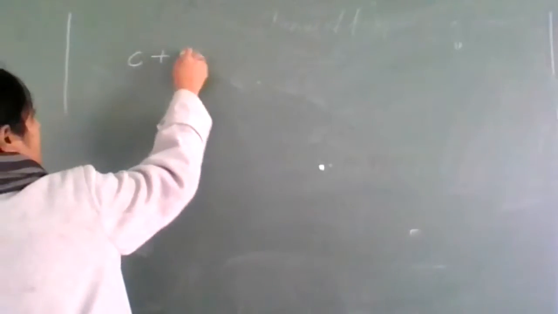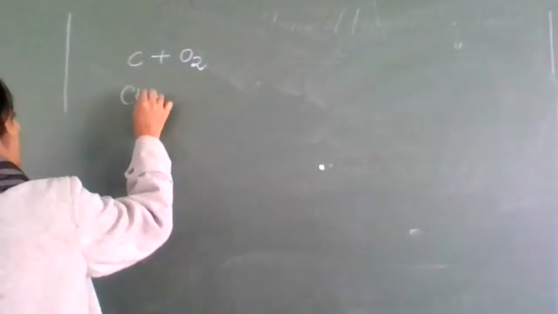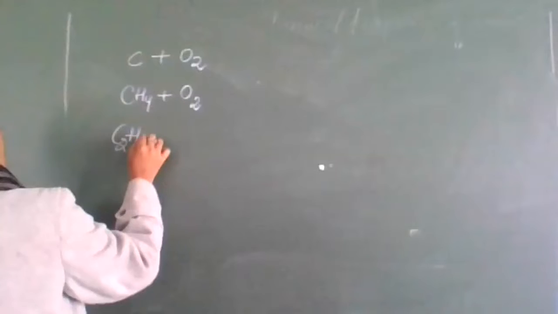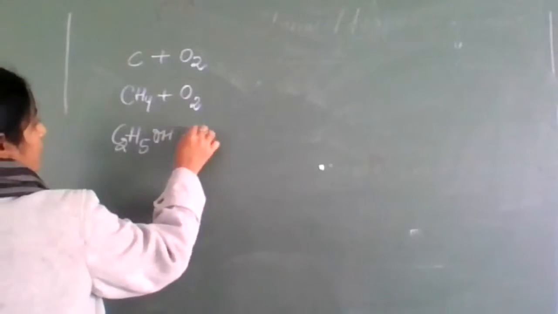So, burning of the carbon compound. I'm taking some examples: C plus O2, CH4 plus O2, C2H5OH plus O2.